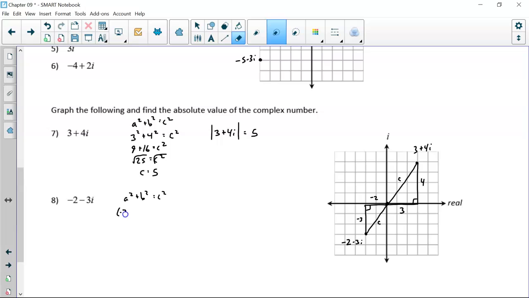Pythagorean theorem. Negative 2 squared plus negative 3 squared equals c squared. When we square that negative, we get a positive, so it's 4 plus 9 equals c squared. 13 equals c squared. When we take the square root, remember, we're only looking at the positive square root, which in this case is the square root of 13. So the absolute value of negative 2 minus 3i is the square root of 13. And it all comes from that Pythagorean theorem, because the absolute value is the distance from the origin.